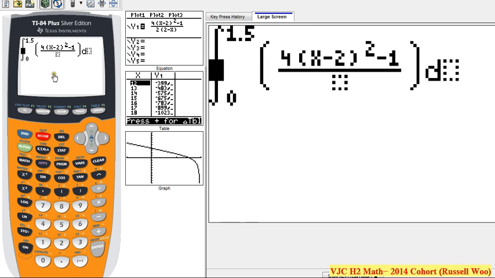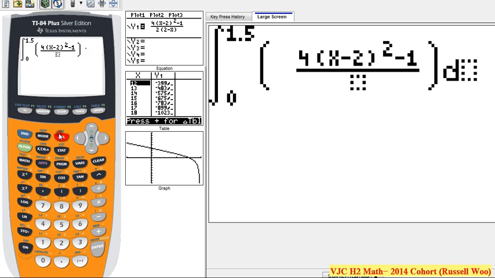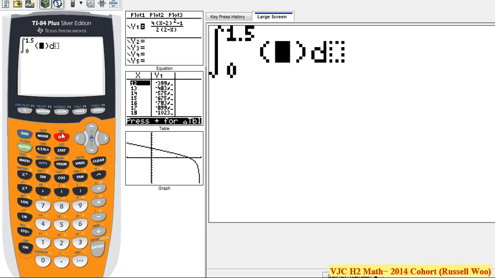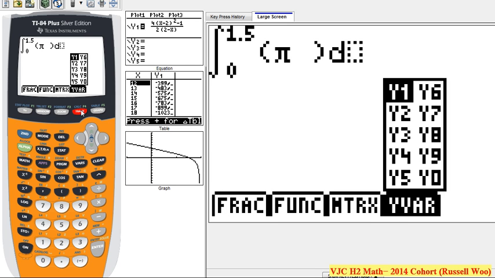Why don't we enter pi y1 square here? Where can we find the variable y1? We go to alpha, trace. Oh, you get y1. Oh, sorry, not 1.